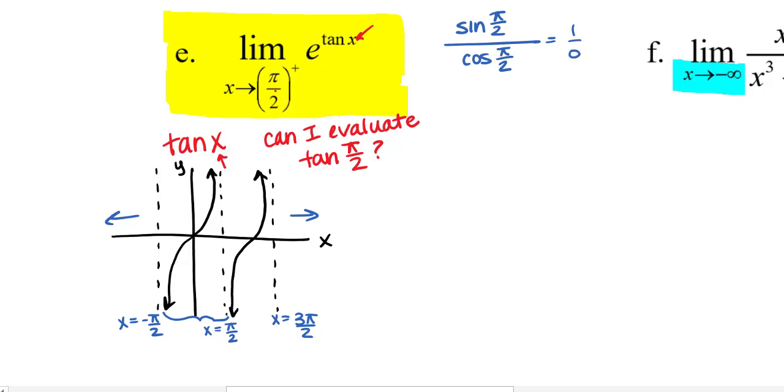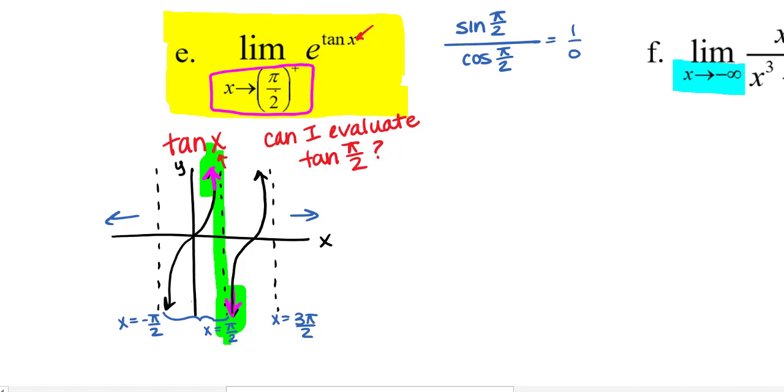So getting back to my tangent graph here, that's why I have a direction attached, because if you look at pi over 2 as a vertical line here, I have two different limits. I have one going up to positive infinity and one coming down at negative infinity. That is often the case with your vertical asymptotes. You will approach some finite value, but as you approach that finite value, your function or your graph might be approaching positive infinity or negative infinity.